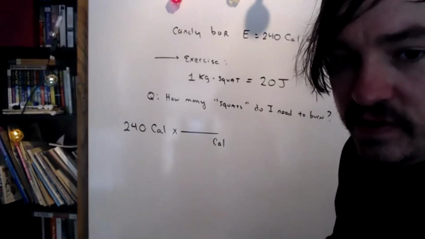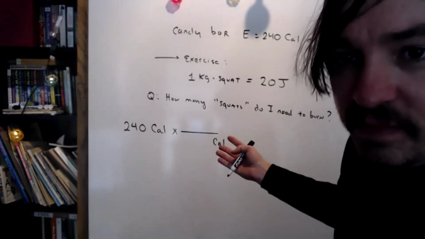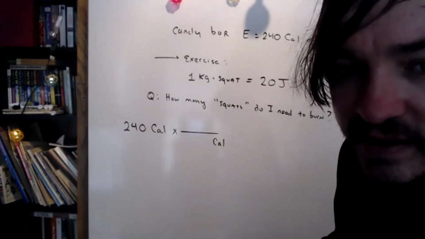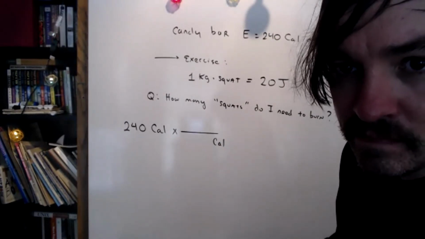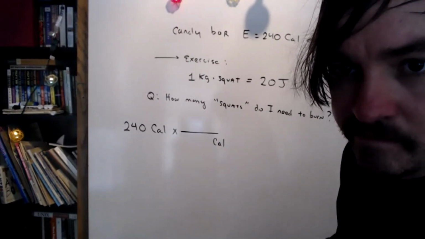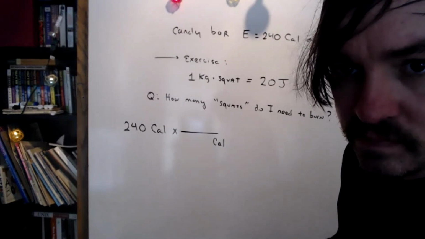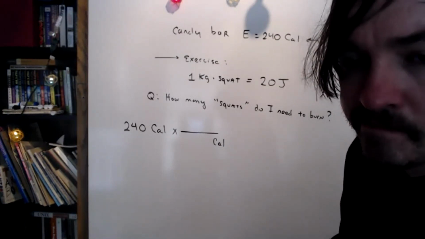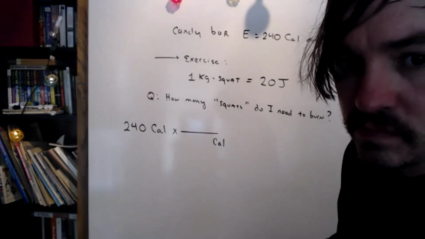Let's take a look at our notes here. Well, we eventually want to convert them into squats, kilogram squats. Do you have a conversion between kilogram squats and calories? Well, we have a conversion for the amount of joules, right? So for lowercase calories. The imperial. So would we put the lowercase cal on top?